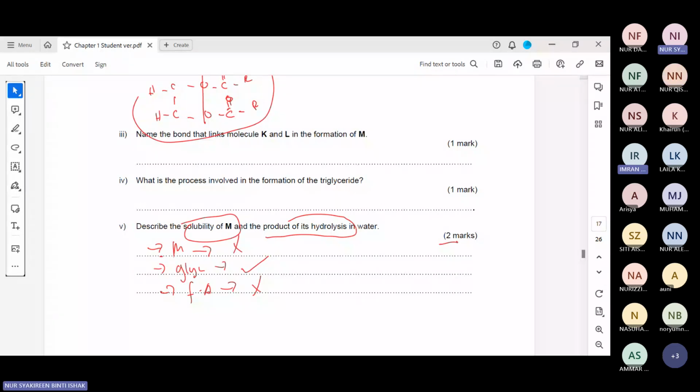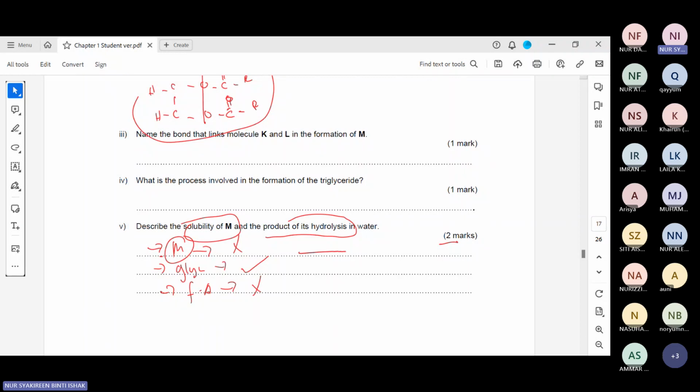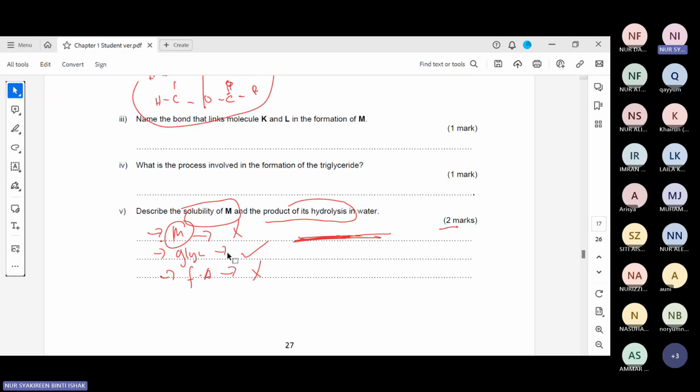M. Dalam ayat awak tu memang cakap M. M have little or no affinity for water, boleh diterima. Sebab dalam nota pun memang cakap macam tu kan? Boleh. Okay, sebab dah ada dalam nota, it is accepted.